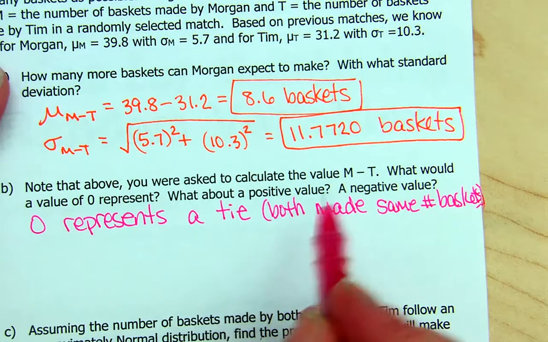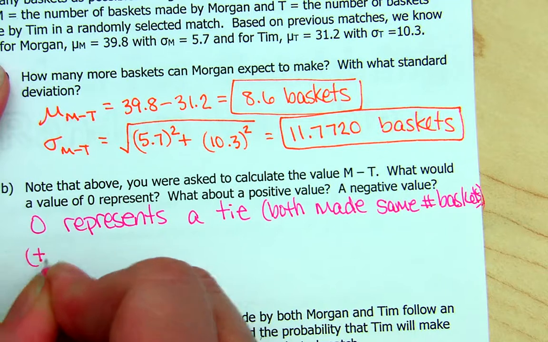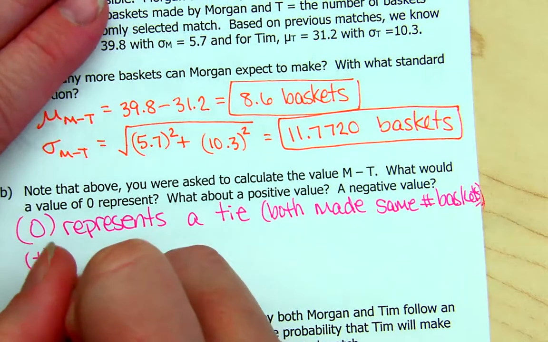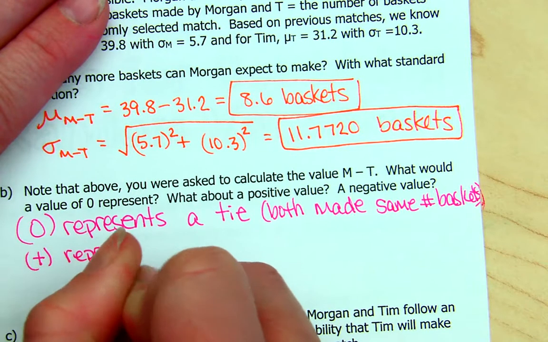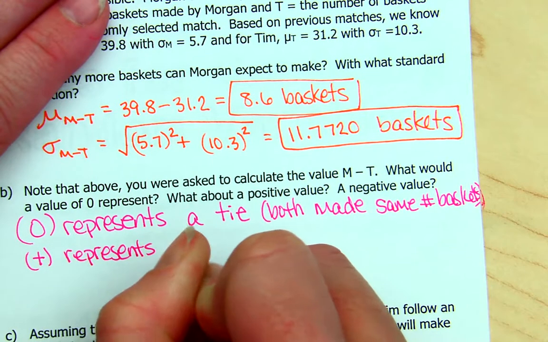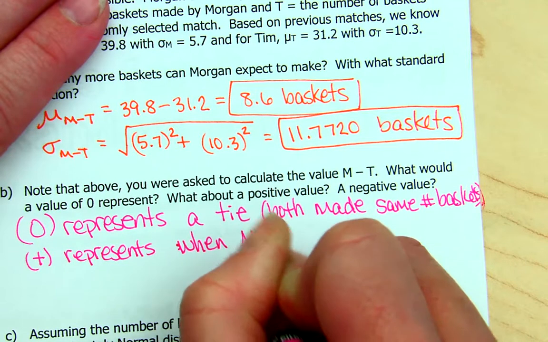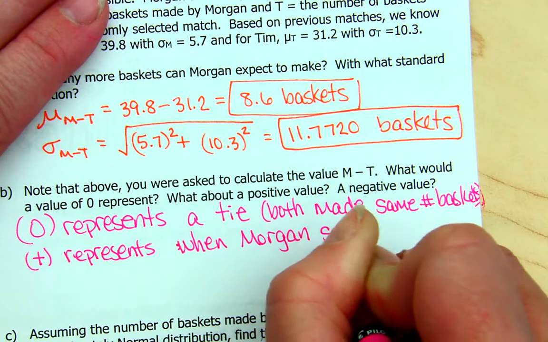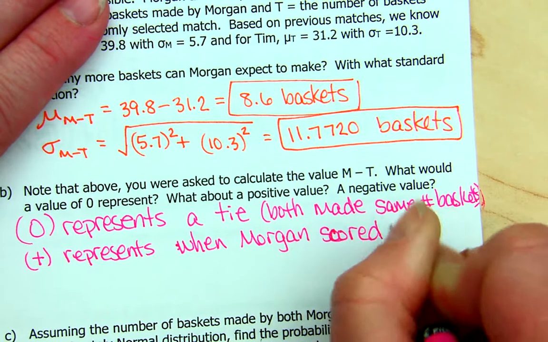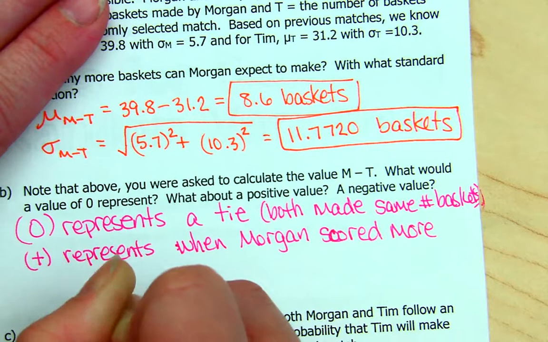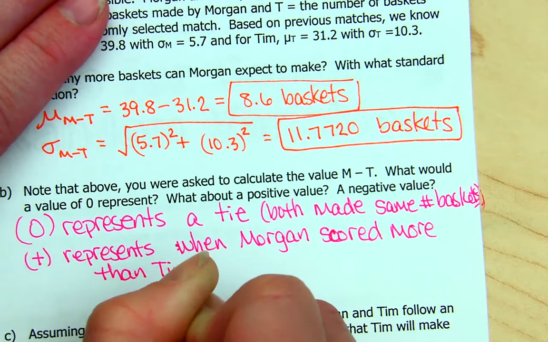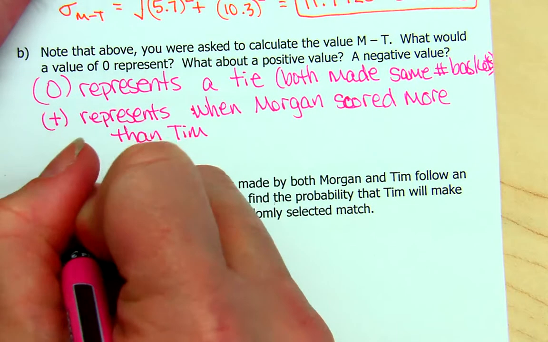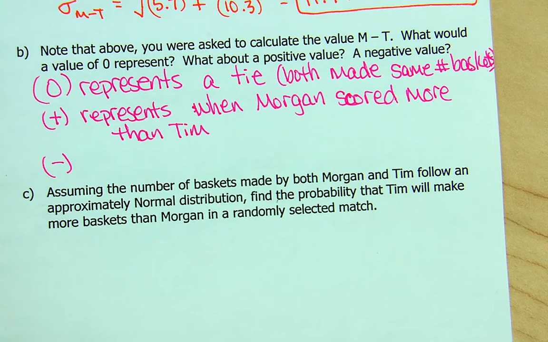What does a positive value represent? Yeah, Morgan scored more than Tim. What does a negative represent?